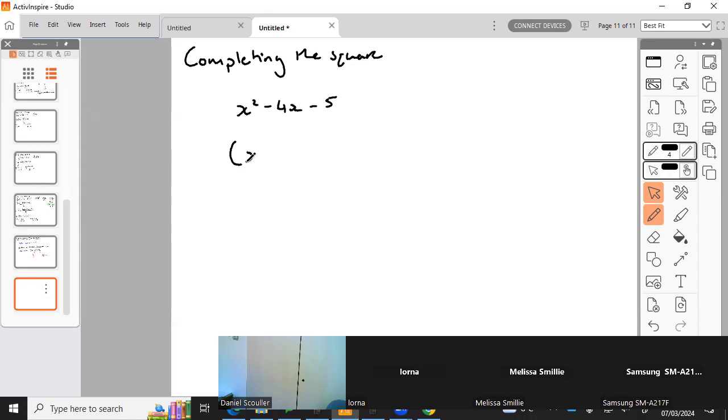So we have x plus 4/2, and then you get minus squared, squared, and then plus minus 5. All right, there's a lot of negatives going on here, but I'll tidy that up.